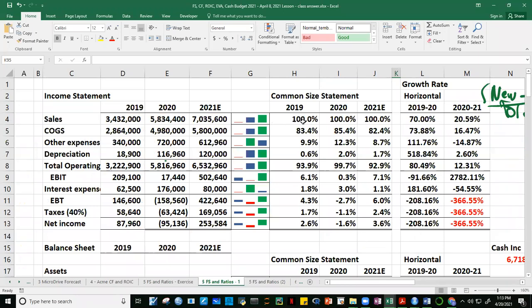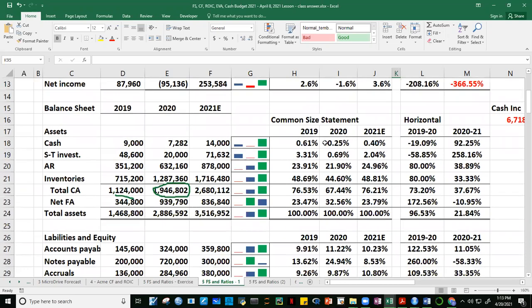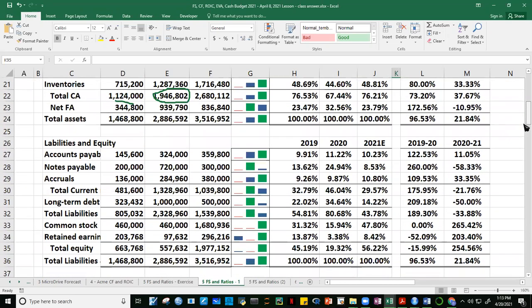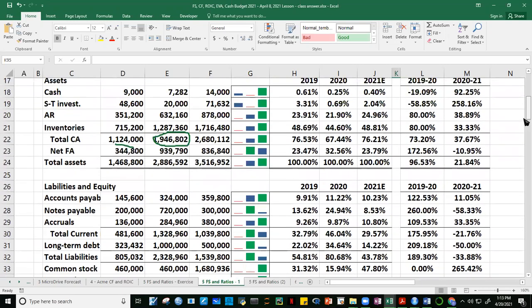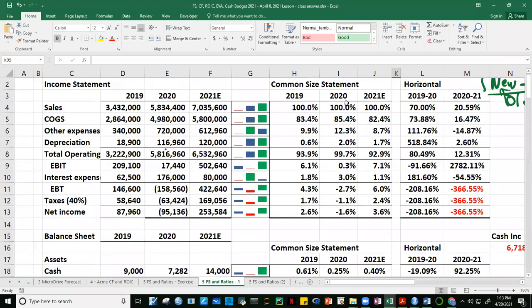Sa income statement, ang benchmark natin yung sales. Sa balance sheet, ang benchmark natin is your total assets or your total liabilities and equity. So you compare your assets and liabilities with your total assets and your income statement accounts to your total sales.